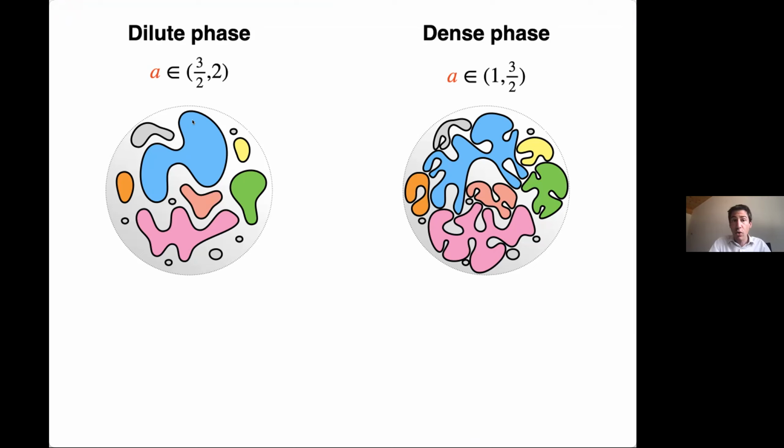But these holes have a boundary which is made of simple cycles which are not intersecting. And when a is below 3/2, we have holes, but the boundaries of these holes can touch each other and themselves. And so you have a much more complicated fractal structure, and the topology is much more complicated.